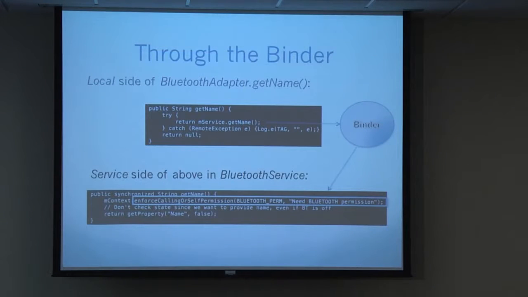And this is the dispatch call to the binder. And then we have the service side of the Bluetooth, namely Bluetooth service. And it actually does the context class's enforceCallingOrSelfPermission, and it attempts to check it against the Bluetooth permission. And upon success, this will return the get property name. Upon failure, it'll actually be throwing a security exception internally.